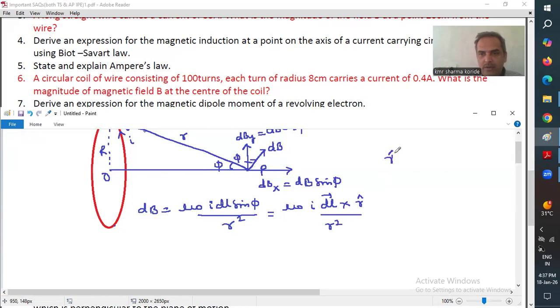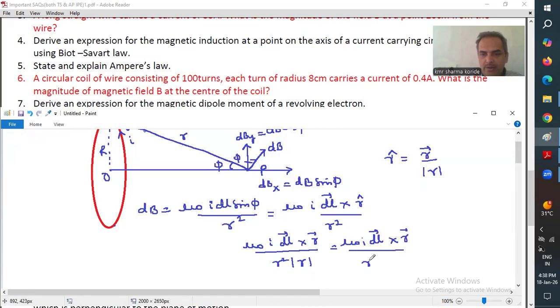You know that the unit vector is r bar by mod r. So keeping this in mind, it will be mu naught I dl r bar divided by r cube.